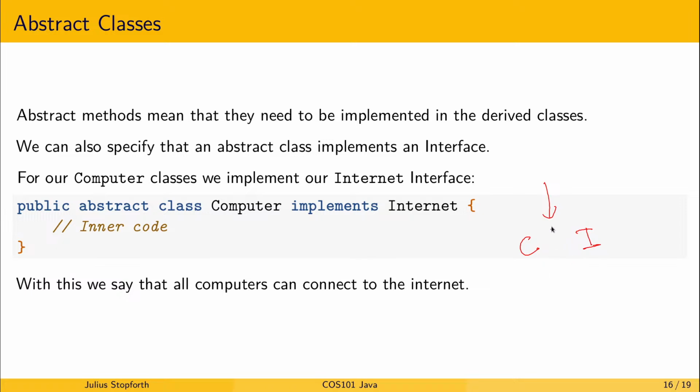Okay, so you can see how the base types for any future computers are now already set as both computer and internet interface objects. Okay, so what we're saying here is that all computers can connect to the internet. Is everyone with me? Are there any questions so far?